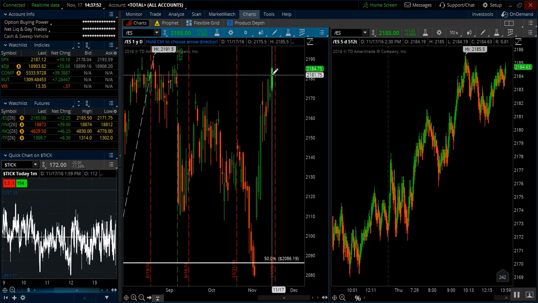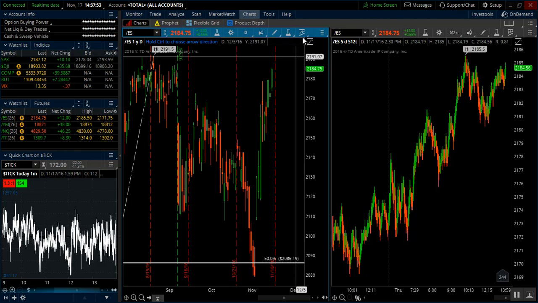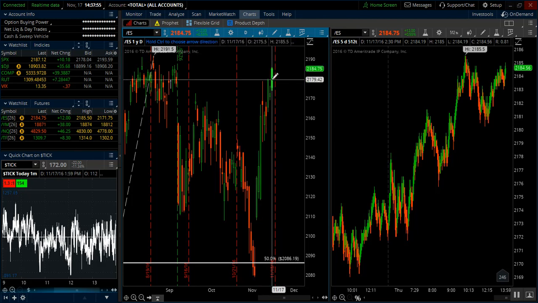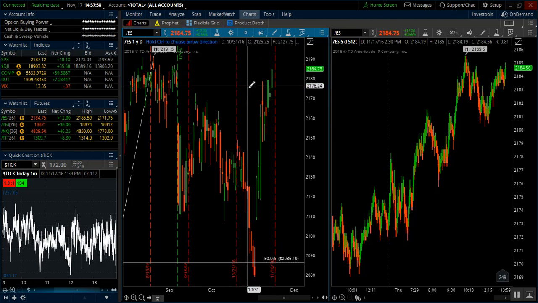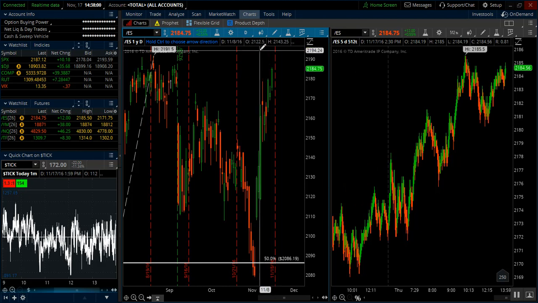Whether or not this is the top and we roll over is irrelevant, but the context being that we are in a situation where we're near highs but approaching resistance. So getting that context on the daily chart is really helpful to give us an idea intraday what we can expect.